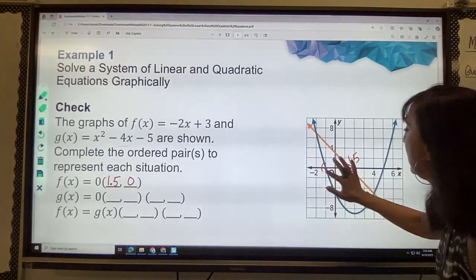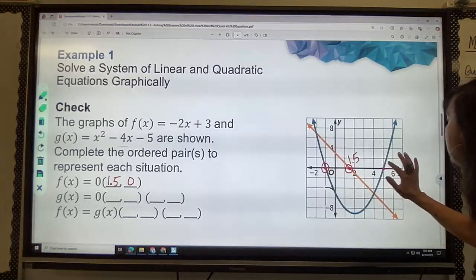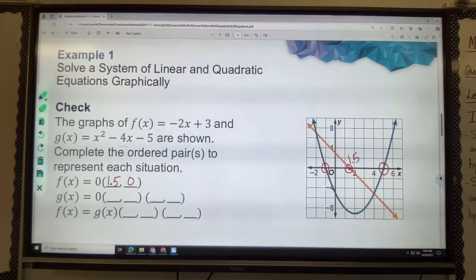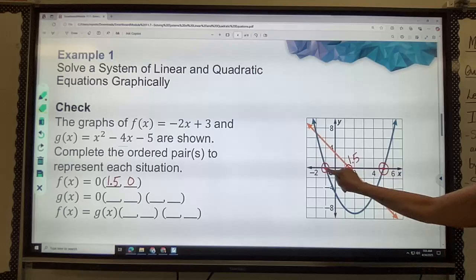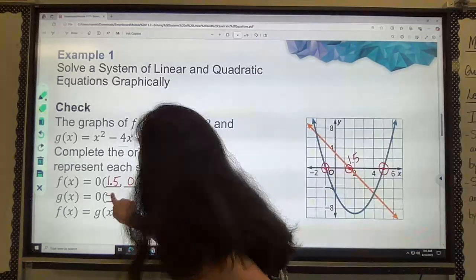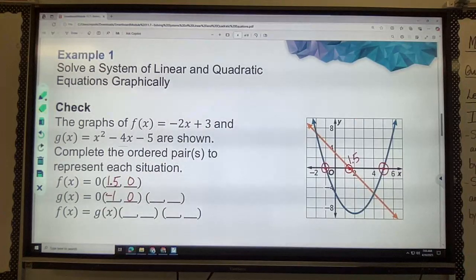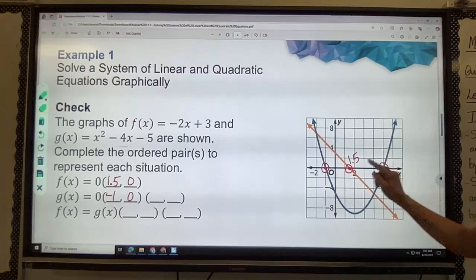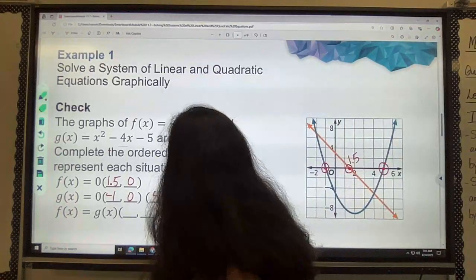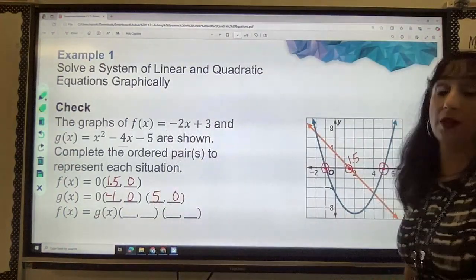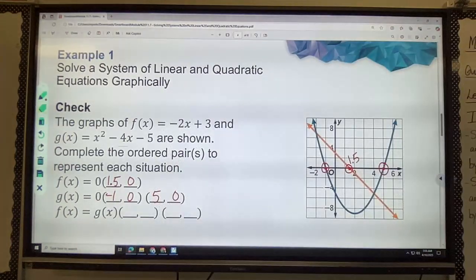It is intersecting here and it is intersecting here. So therefore, what are the 2 points? I have -1, 0. That's my first one, right? And what is my second one? This is 5, 0. So here are my graph, the x-intercepts of the graph.